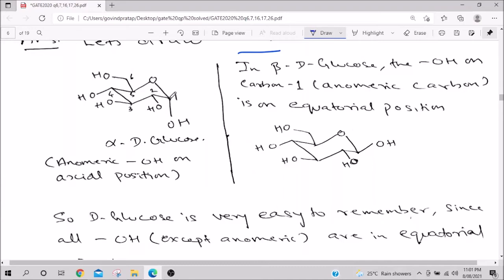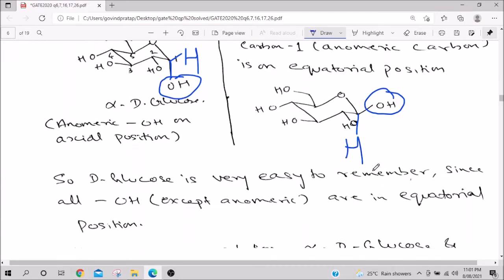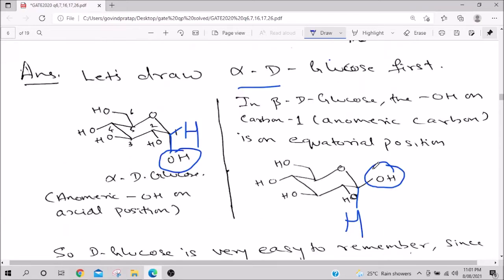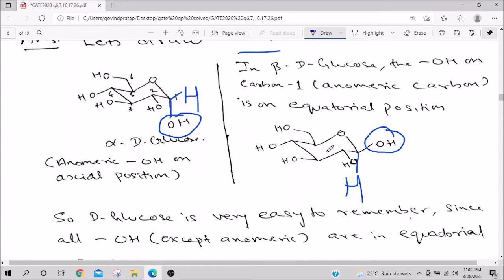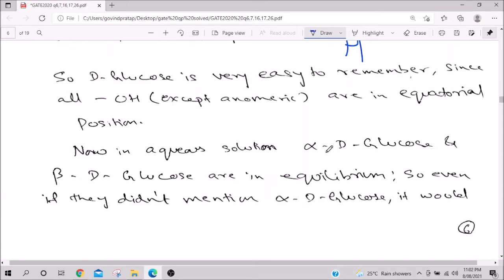And now alpha and beta. If the OH on the anomeric carbon is in the axial position, this is alpha D glucose. So, hydrogen here is on the equatorial position, but if OH is on the equatorial position and hydrogen is on the axial position, it is called beta D glucose. Here actually they need not have said alpha D glucose, had they just said D glucose, it would have given the same product. Why? Because we don't bother about alpha or beta.